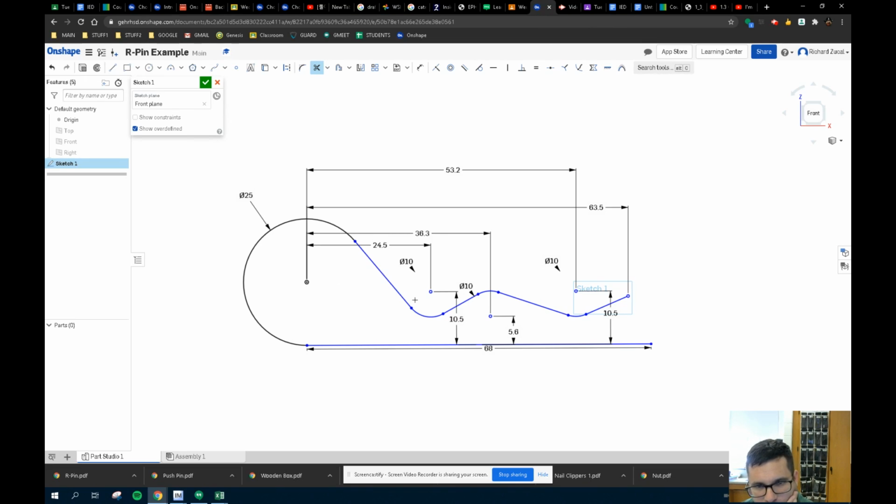Now, the lines are still blue, so remember that means they're not fully constrained. What is making it not fully constrained?